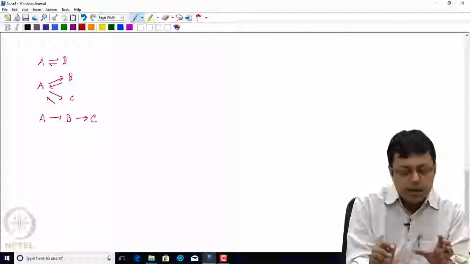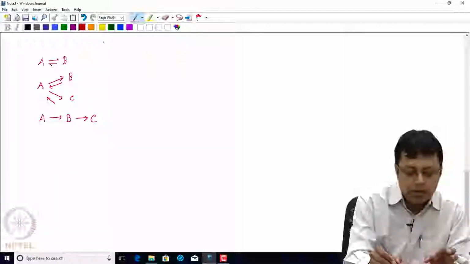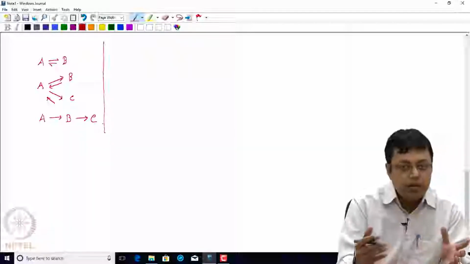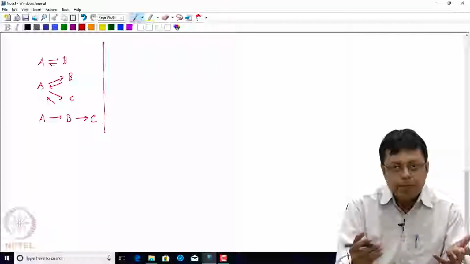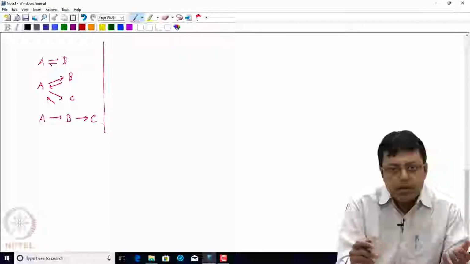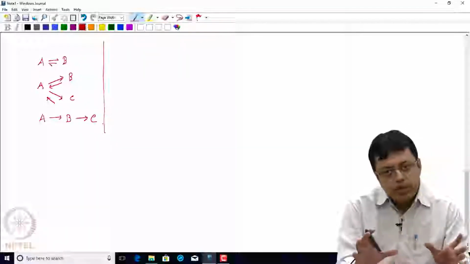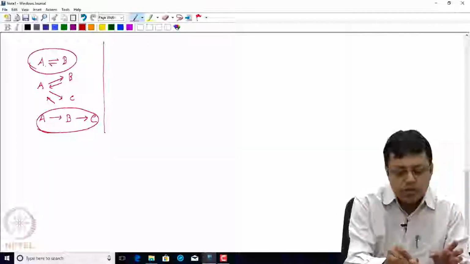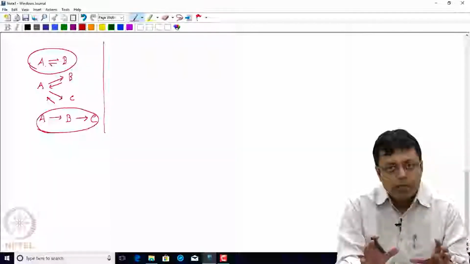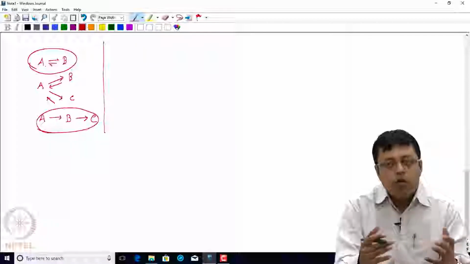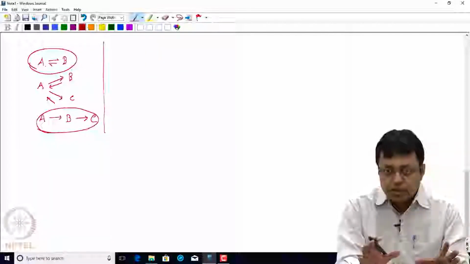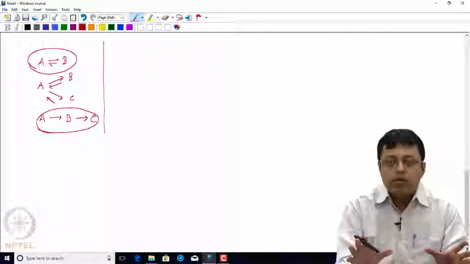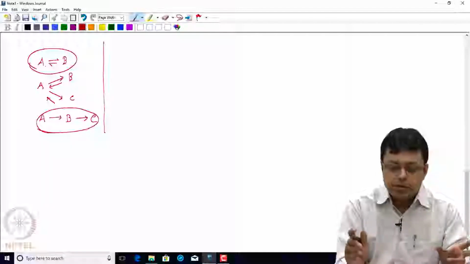So the way we dealt with them is as elementary reactions, because we said that these are three basic elementary reactions, which we will be using mostly, the consecutive type and the reversible type reactions, frequently to explain the overall rate law for a composite reaction, which is actually composed of many elementary reactions.